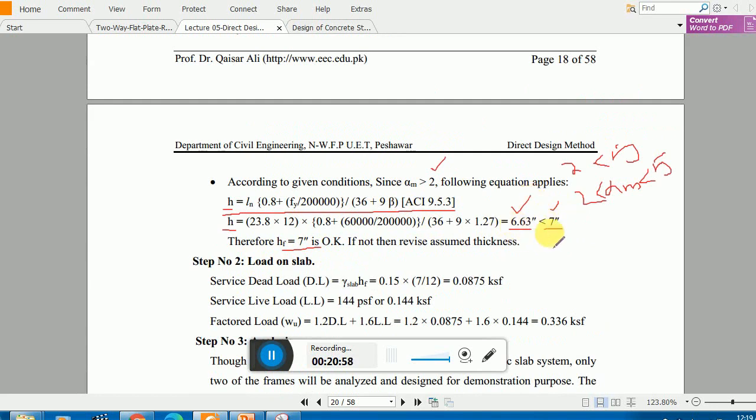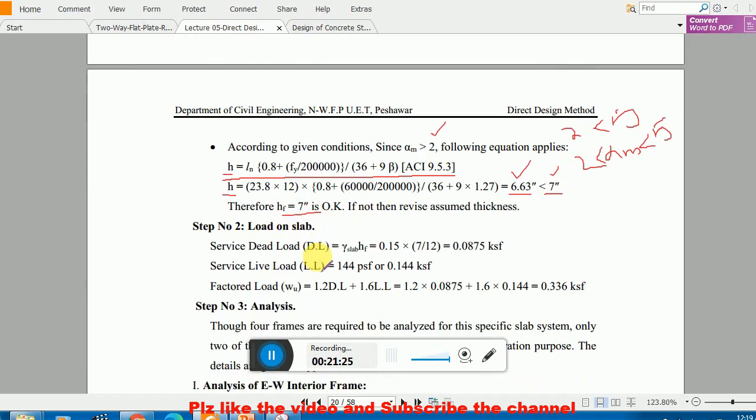We can go forward. If it is greater, then we have to revise the calculation. This is important. If you are assuming something, then you have to check it. Now the next thing is that already in example number 1, in those lectures, we used h of 10 inches. This is the importance and the benefit of providing beams: it will decrease your slab thickness.